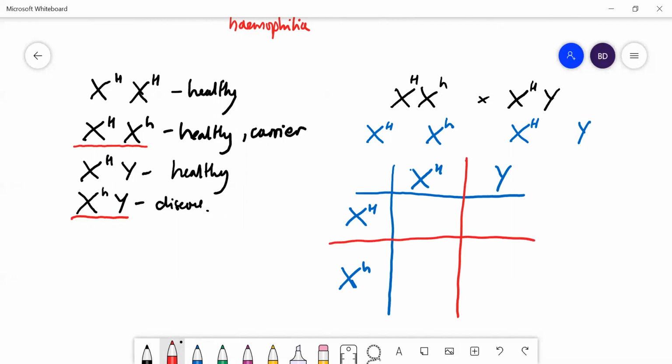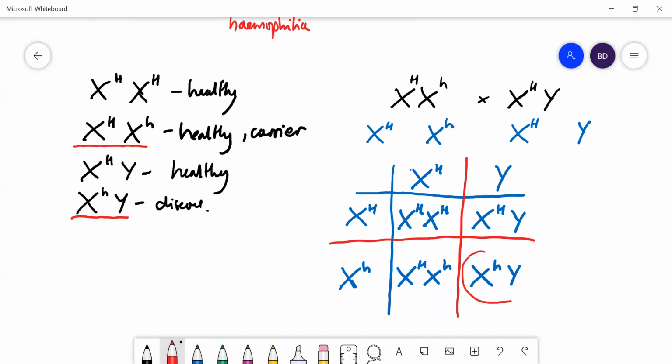Right, so we put the genotype. This one here, she will be a healthy female and will not be a carrier. This will be a healthy male. This one will be a healthy female, but she will be a carrier. And this one will be a male who will suffer from the disease. Okay, so let's just do that.